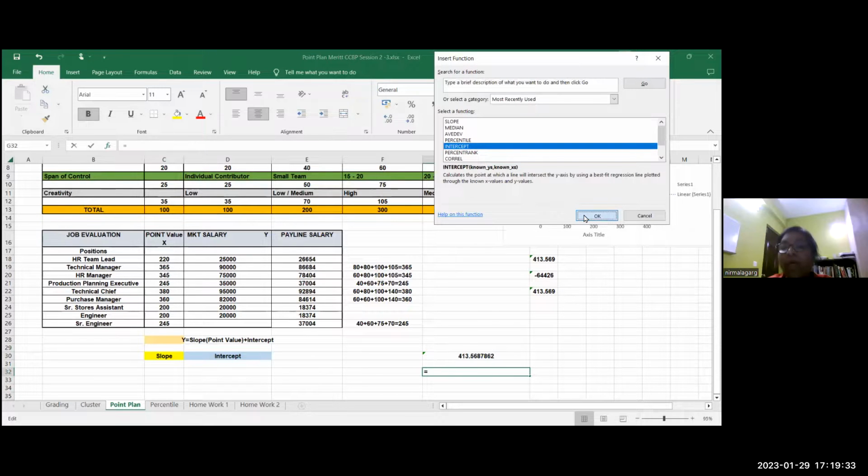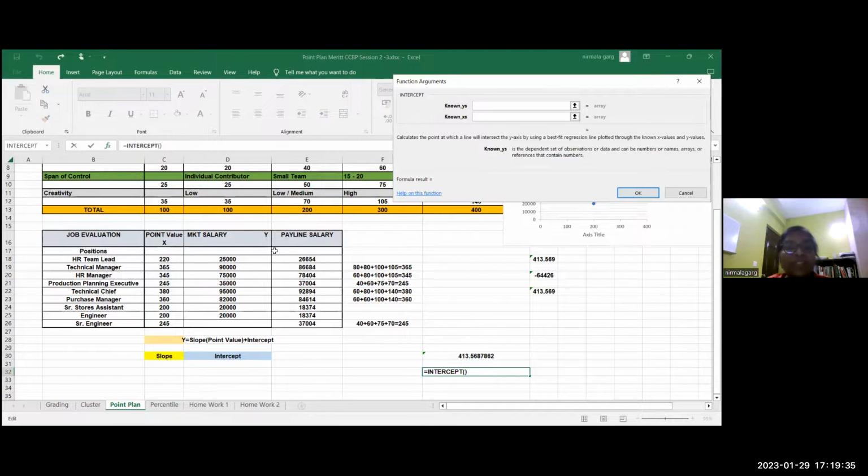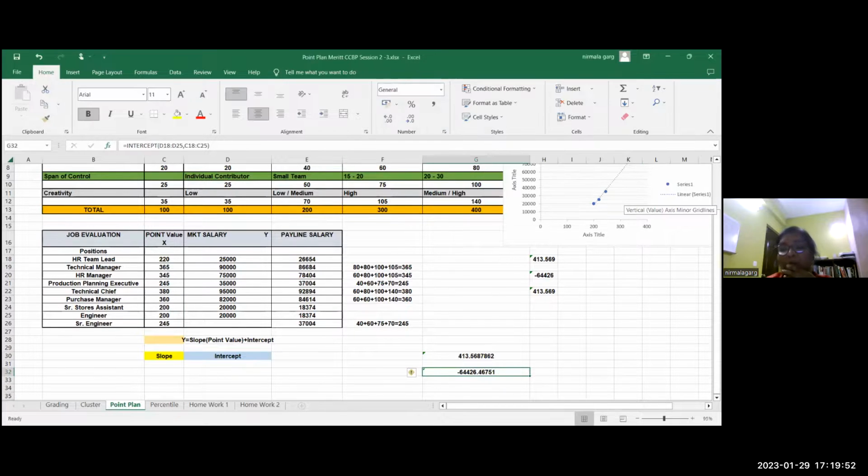Known y's, then known x's. So what is the intercept value? Minus 64,400. I'll also explain the minus later.